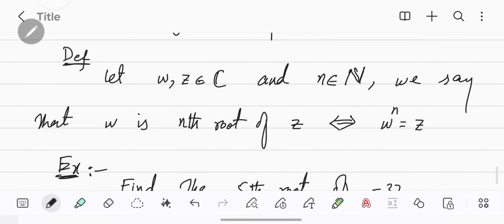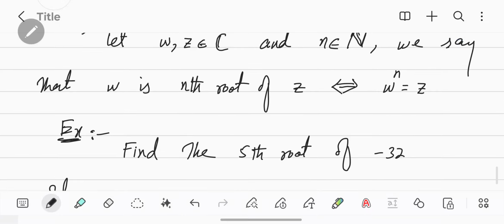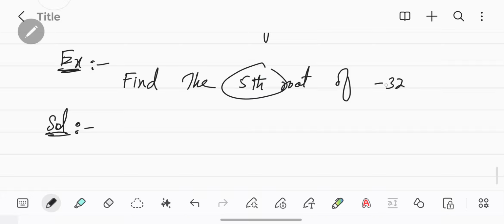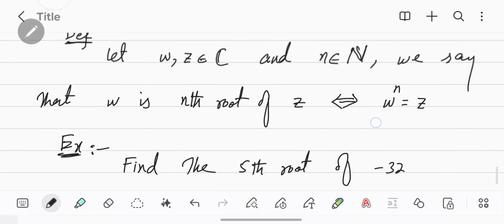Since the nth root of Z is W where W to the n equals Z, here the fifth root of this is W to the power 5. So let W to the power 5 be equal to this number, negative 32, by definition.